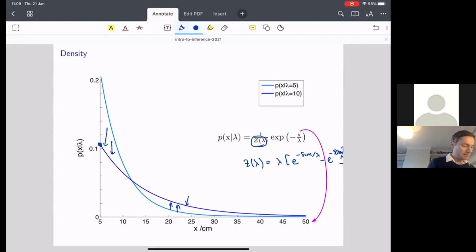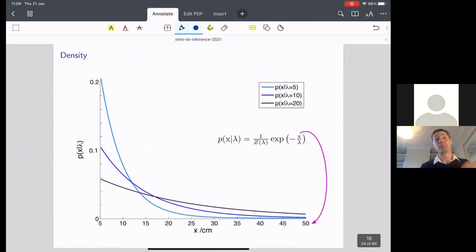That's what has dragged it down here, due to this normalizing constant that we computed earlier in the lectures. And we can make a third plot here for an even bigger setting of lambda, which results in a bigger normalizing constant. This is lambda equals 20, and you can see a similar effect. Things are dragged down on this side because the normalizing constant is a bit bigger, but they're higher at the other end of the detector.